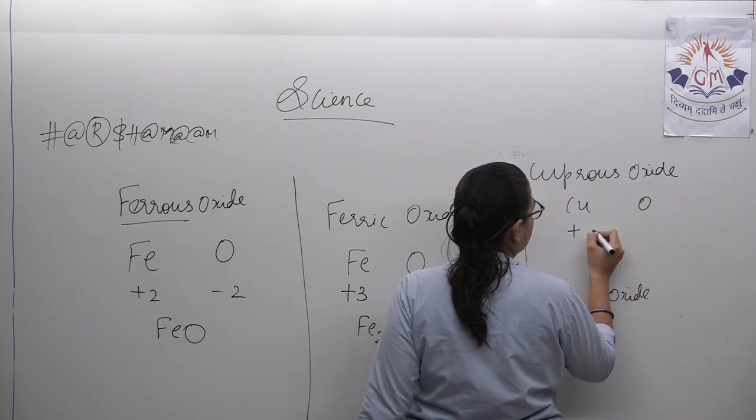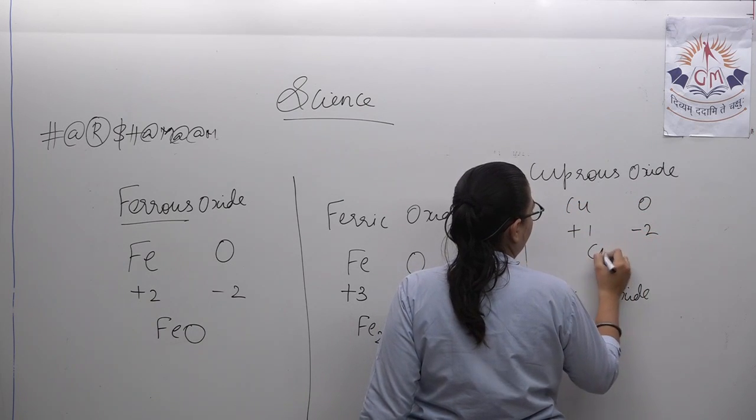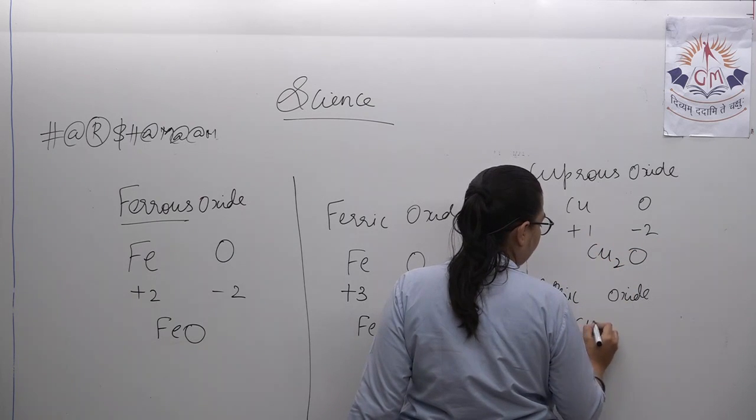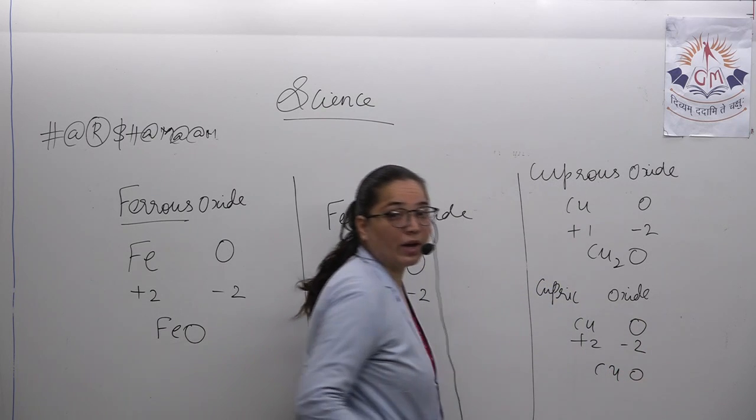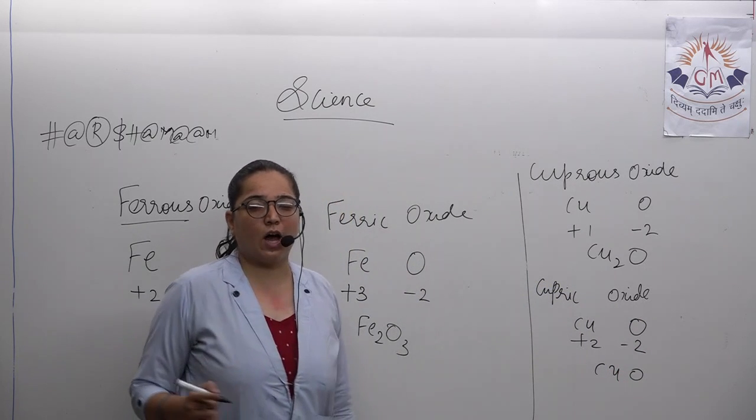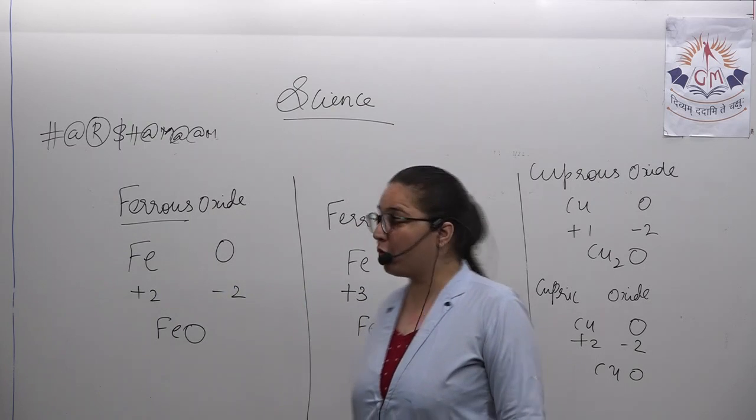Cu plus 1, O minus 2, it will be Cu2O. Cupric, Cu plus 2, O minus 2, it will be CuO. Clear? Note it down quickly so that we can move further.